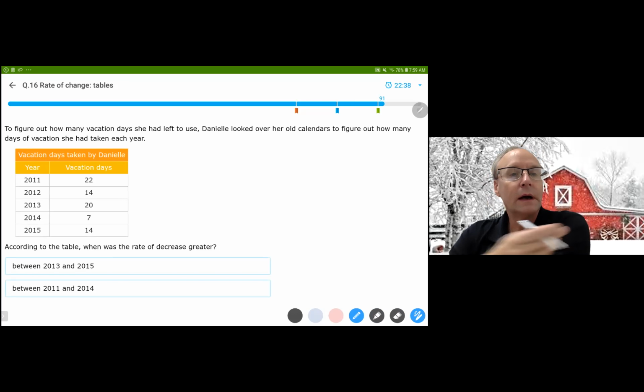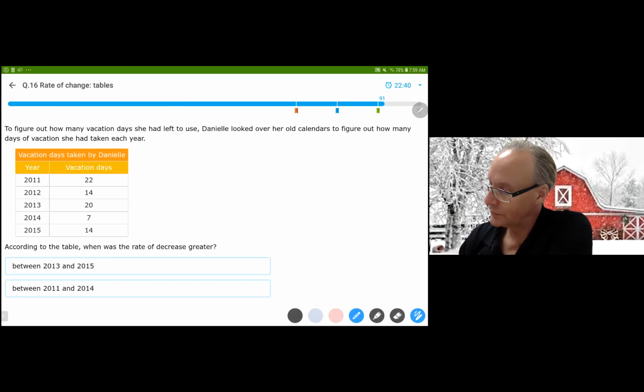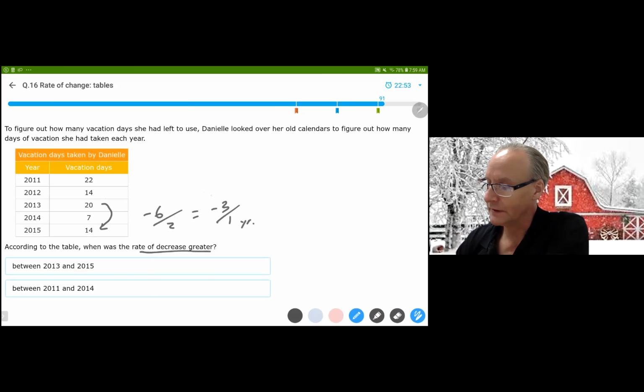Okay. How many days of vacation? When was the rate of decrease greater? 2013 to 2015 went down 6 over 2 years, which is down 3 per 1 year. This is 3 days. And between 2011 and 2014, this is 3 years, and it went down from 22 to 7.